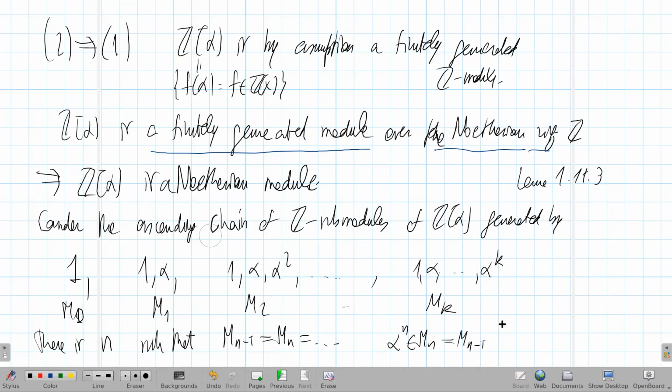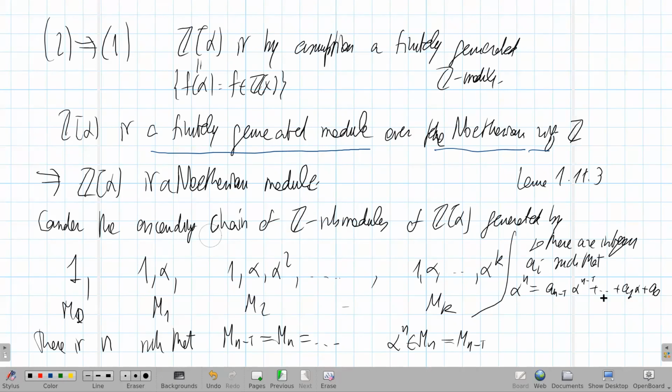So this means there are integers a_i such that alpha to the n is a linear combination with these coefficients of the elements 1, up to alpha^{n-1}. So a_0, this will be a_0 times 1.